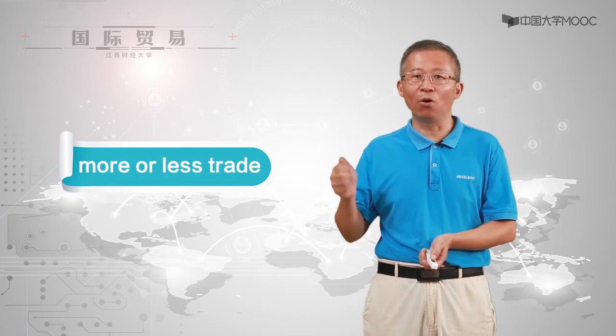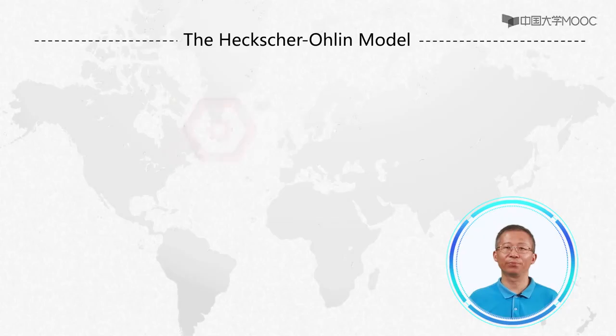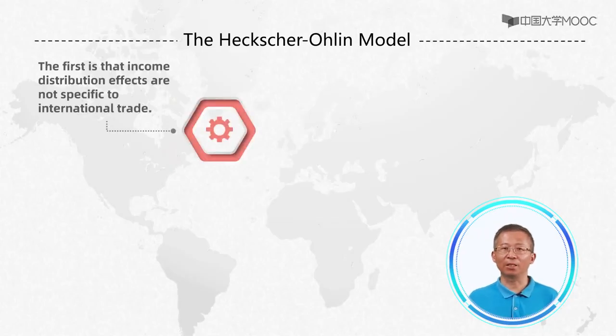In spite of the real importance of income distribution, most economists remain strongly in favor of more or less free trade. There are three main reasons why economists don't generally object to the income distribution effects of trade. The first is that income distribution effects are not specific to international trade. In fact, lots of factors can affect income distribution.